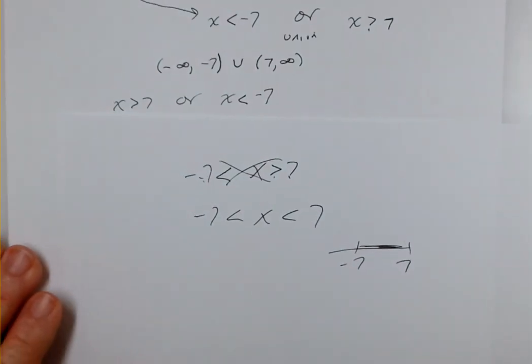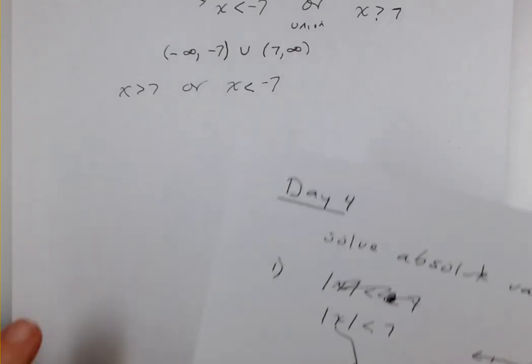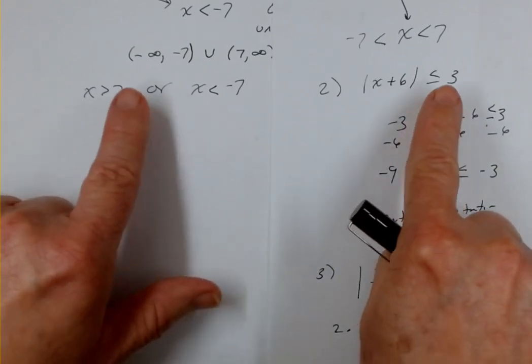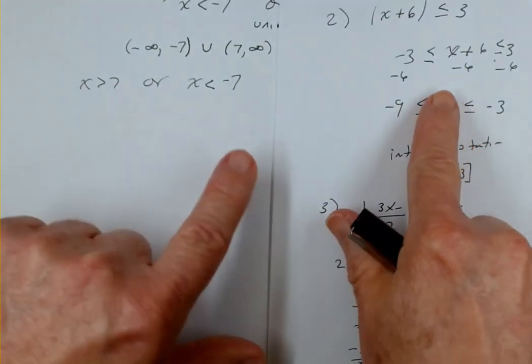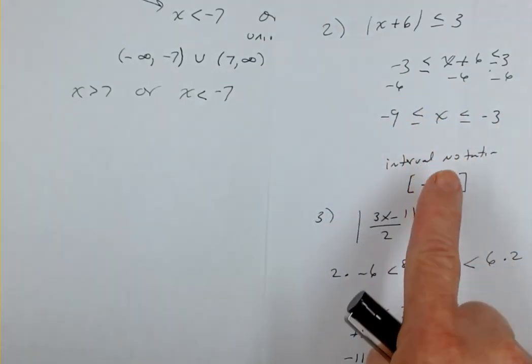All right, so be careful when you're dealing with these two different kinds of inequalities. Students want to always do both of those the same way, and they're not done the same way. This is strictly an or statement. This is an and statement.